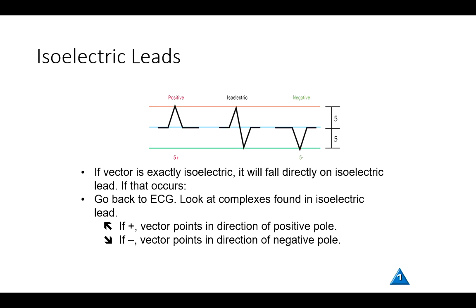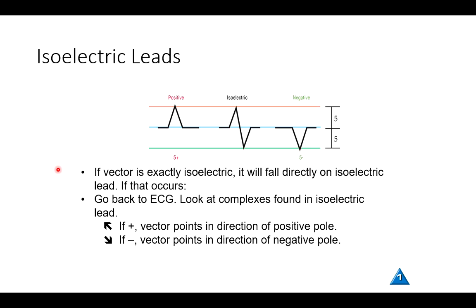We may also, in some cases, have what's called an isoelectric lead. An isoelectric lead would be where we have an equal positive and negative deflection. So if a vector is exactly isoelectric, meaning that electrical activity is directly perpendicular to it, this is what would be considered an isoelectric lead.